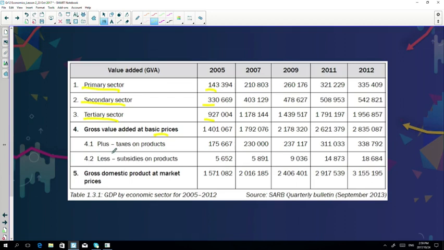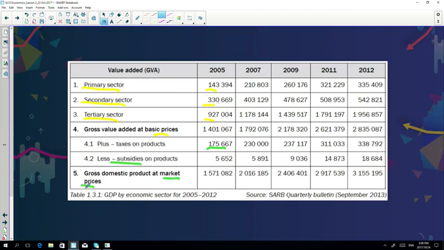Then we say plus, I'm just going to use a different color, plus the taxes on products and then less subsidies on products as well. That will give us our gross domestic product at market prices.